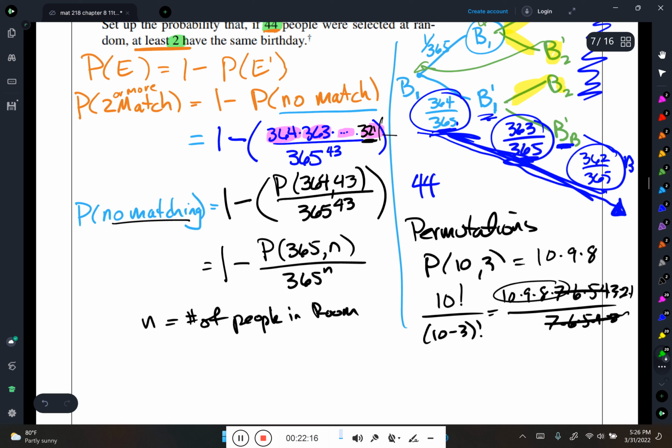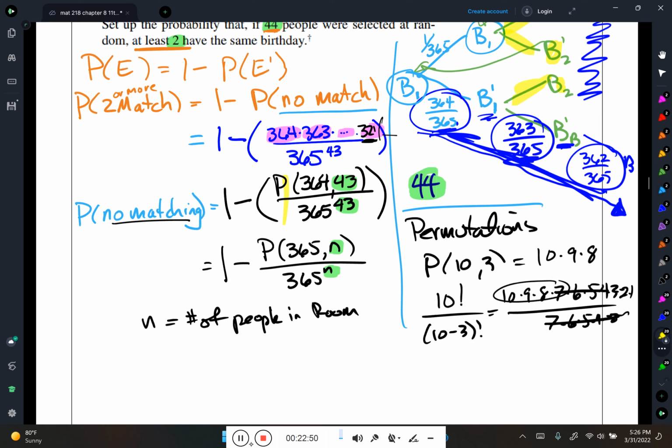How come this formula has n here, which you said was 44, but your explanation up here had 43? All right, so here's the reasoning. That first person, if I add in that first person, there is a 100% chance that their birthday matches, which adds into this calculation here a 365 over a 365, which is that 44th one in there.